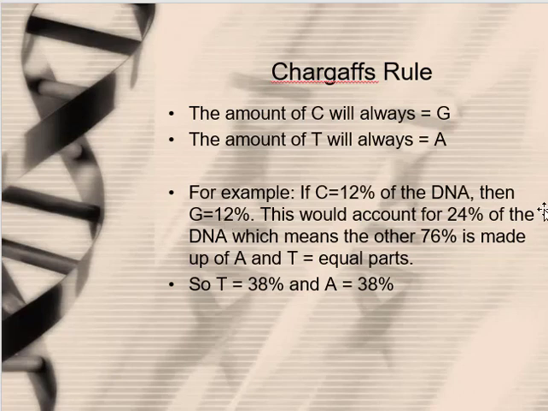This would amount to 24% of the DNA, which means the other 76% is going to be made up of A and T. So if I give you in a question that the amount of G is 20%, how much T, thymine, do you have? That's pretty simple. G is 20%, so C would be 20%, so that's 40% of the total DNA. That leaves 60% left, split between A and T, 30 and 30.